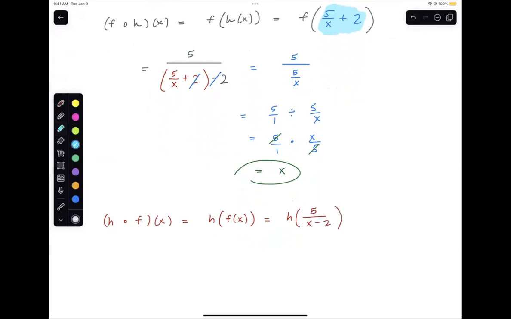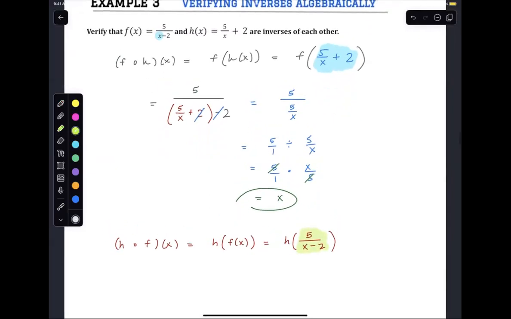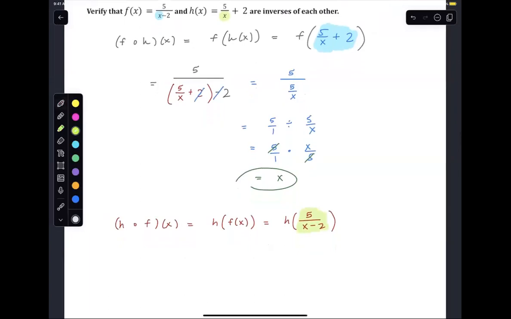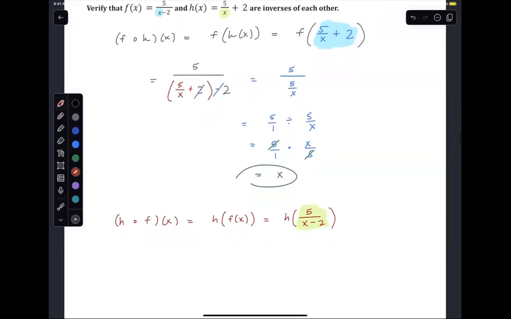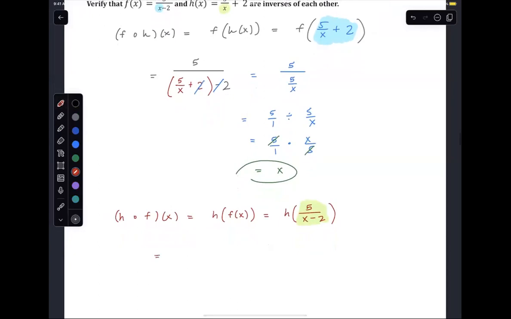So wherever there's an x in h, I'm going to replace it with the 5 over x minus 2. So this is going to equal 5 over x minus 2 plus 2.